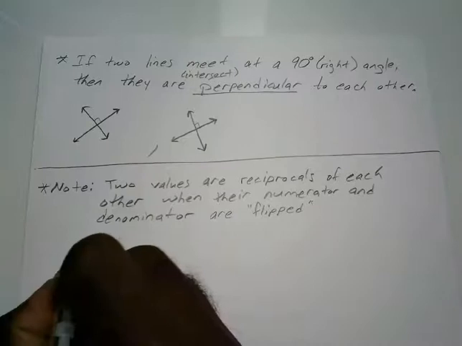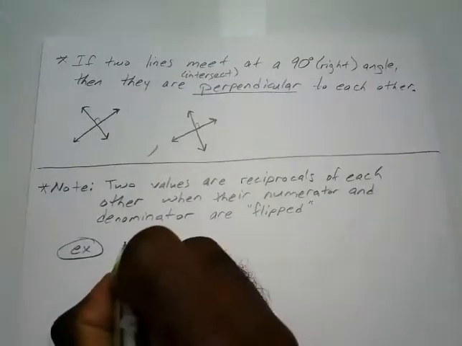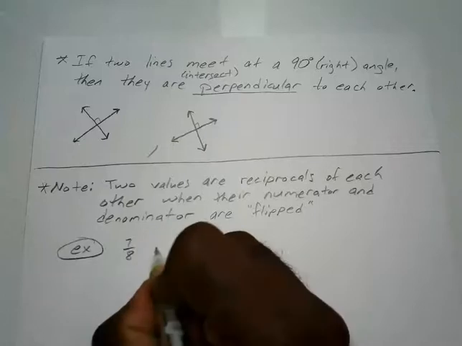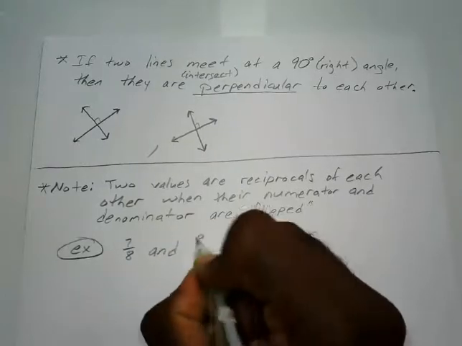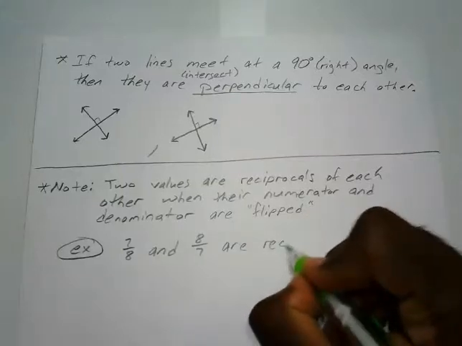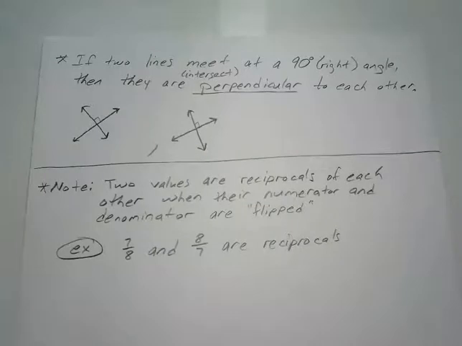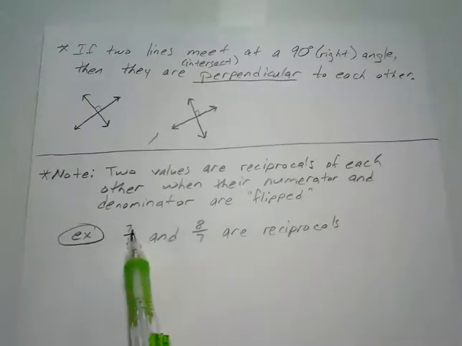Okay, so for example, 7 over 8 and 8 over 7 are reciprocals of each other. All you did was take the 7 over 8 and flip it.